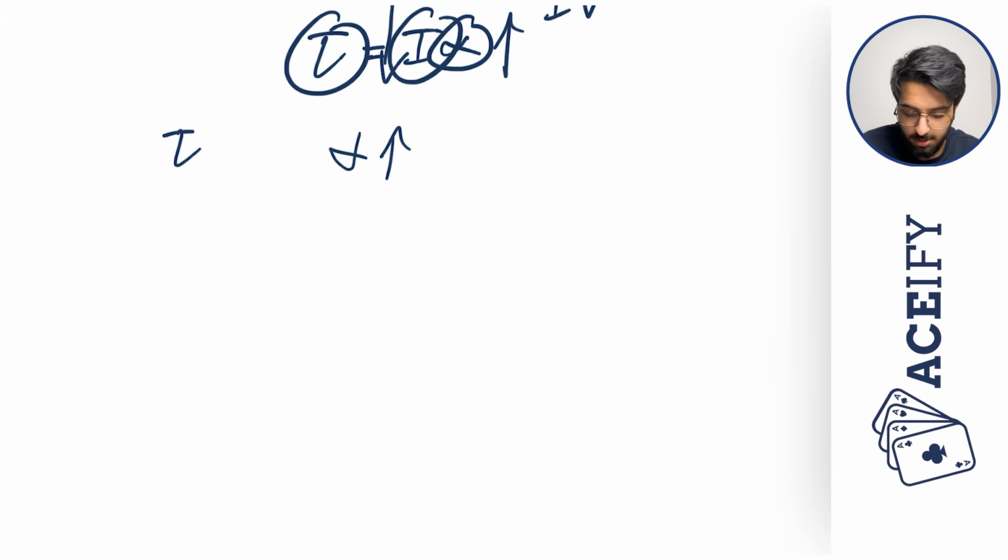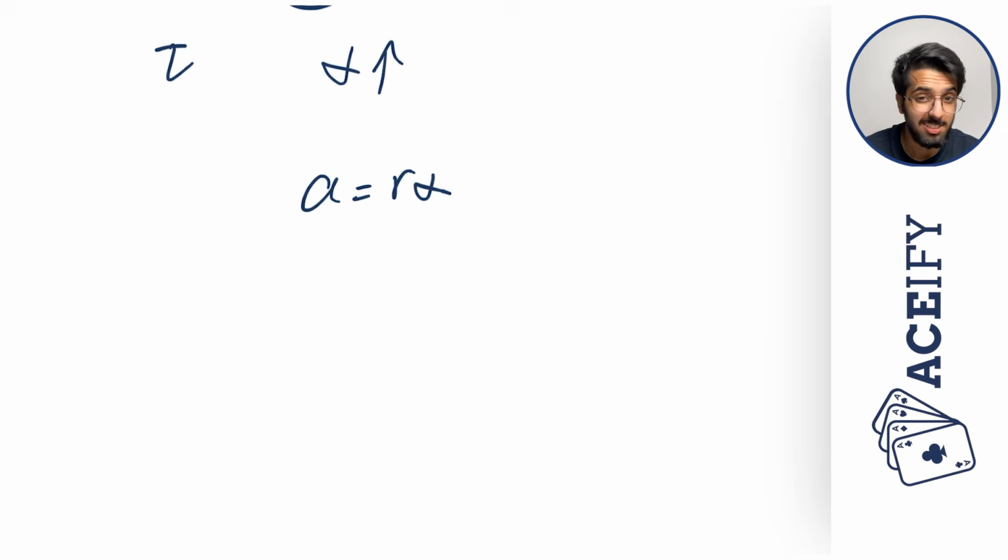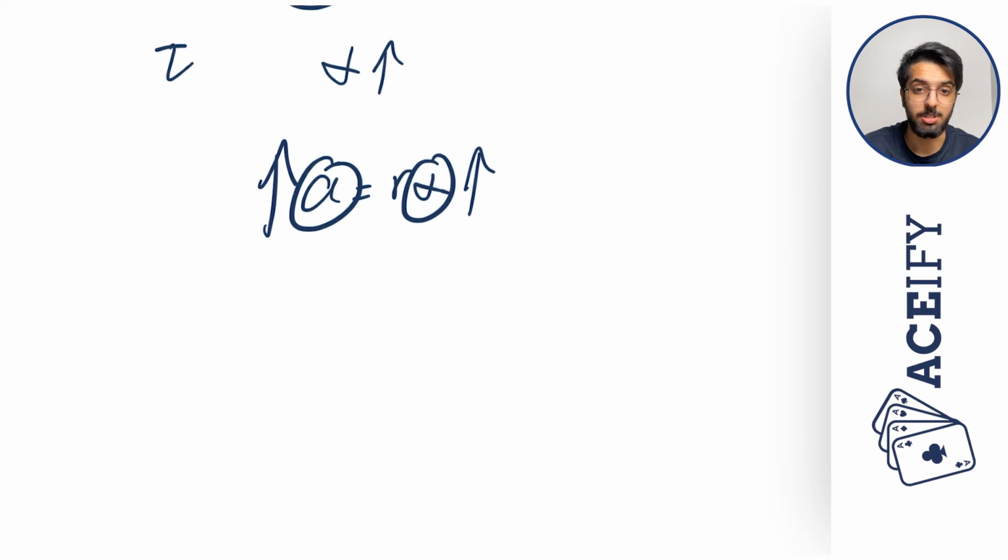And also because a is equal to r alpha, as the radius of our disk has remained the same, now our effective radius in terms of rotational inertia has decreased, but the actual radius of the disk is the same as the flywheel. And that's what this is talking about, the actual radius, okay? So because our actual radius has remained the same, if our rotational acceleration has increased, therefore our linear acceleration must increase.